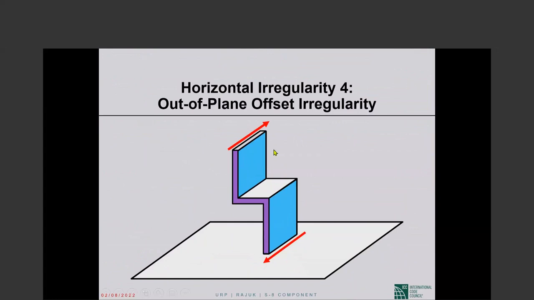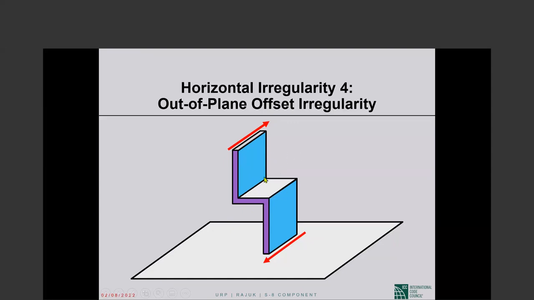This picture makes an important point. This shear wall was coming down, but then it makes an offset and comes down a different line. Now this shear has an opposite shear at the base of the wall, so that shear will have to go from here to there through the diaphragm.